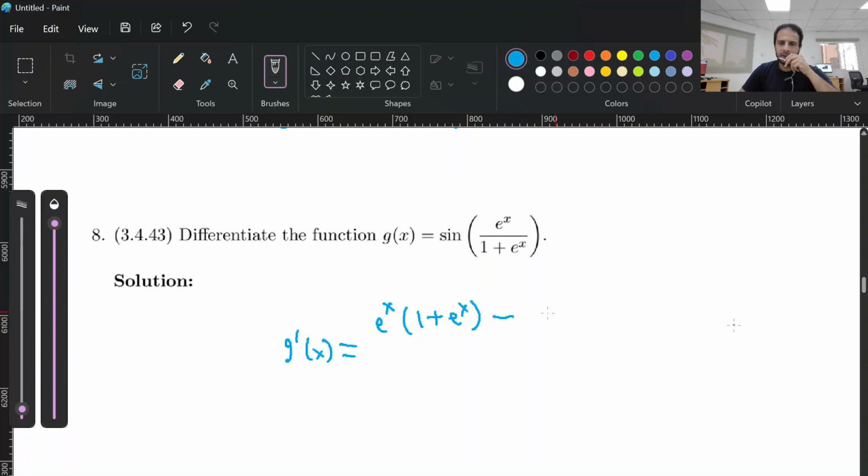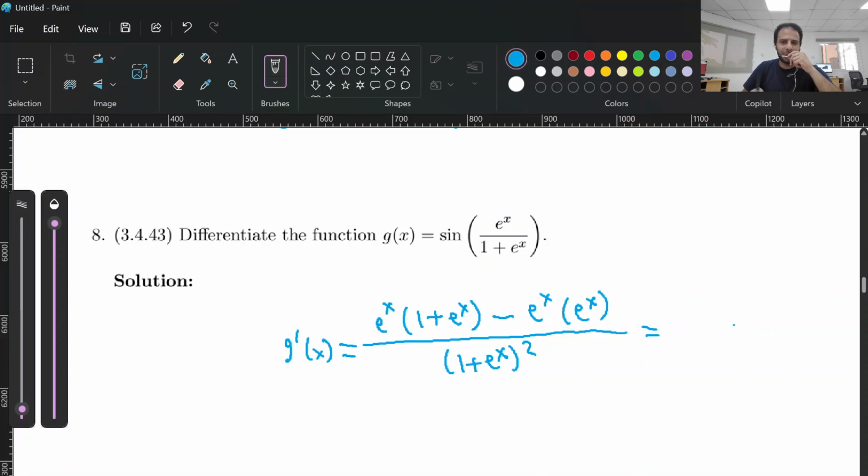Minus e to the x times the derivative of 1 plus e to the x, which is e to the x, divided by 1 plus e to the x all squared. Thank you. Now what? Again, if you want to simplify, you can. You will get, I think, 1 over 1 plus e to the x squared.